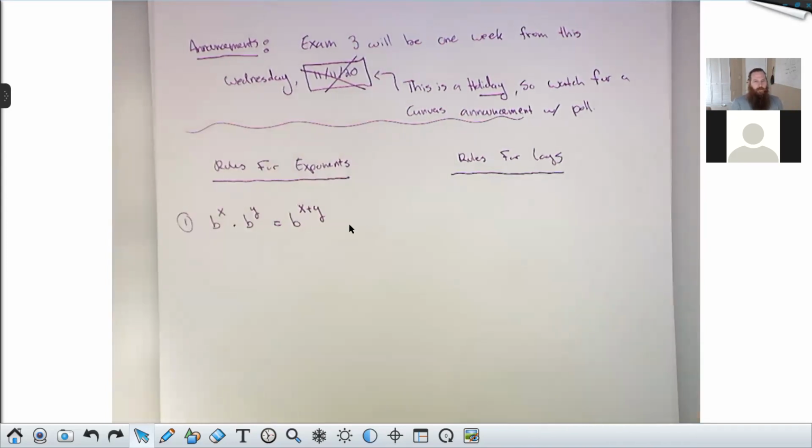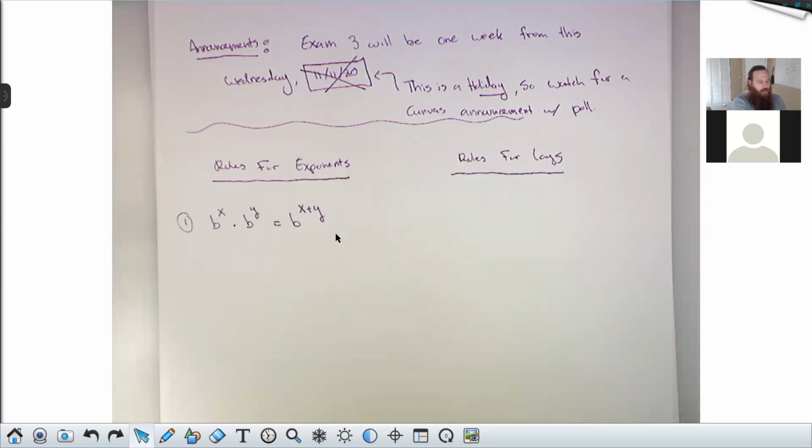And you can think of this as being a statement about exponential functions, right? B to the x, that's kind of our basic standard exponential function. So it says if you multiply 2 exponential functions on the outside, it's the same as having the one exponential function with the insides added up.